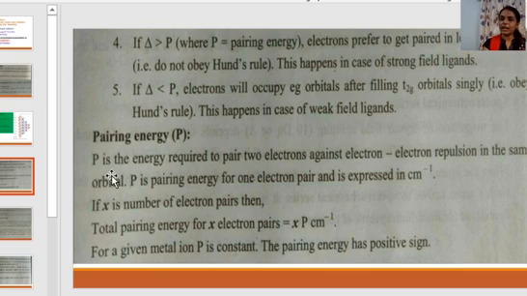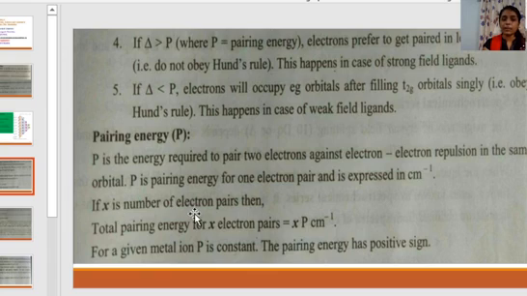To get electrons paired in the same orbital we need energy, and this energy is called pairing energy, denoted by P. P is the energy required to form one pair of electrons and is expressed in per centimeter. Per centimeter is the unit for pairing energy.